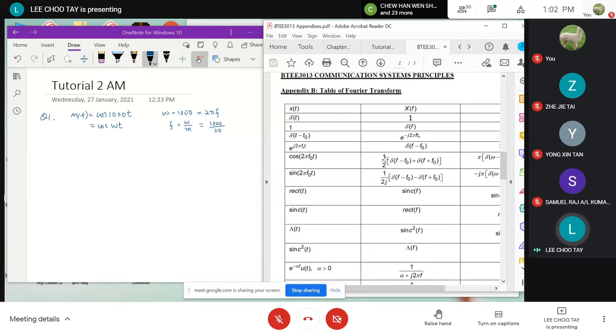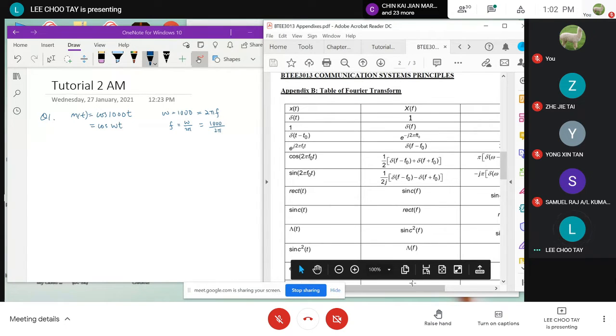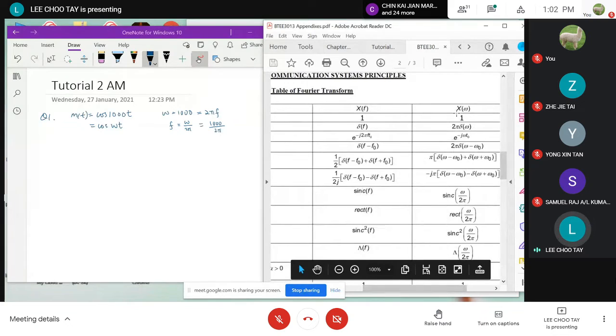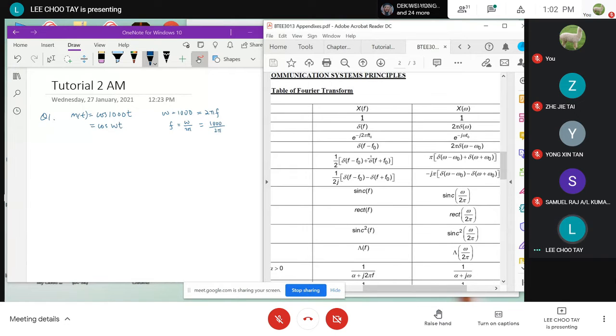All right. So it's half if you plot it in f. But if you plot it in omega, then you have to multiply by pi. So this is pi here. Yeah. So you have a choice between these two. So I would suggest, because the equation is in omega form, 1000 here, that you actually draw it in omega.